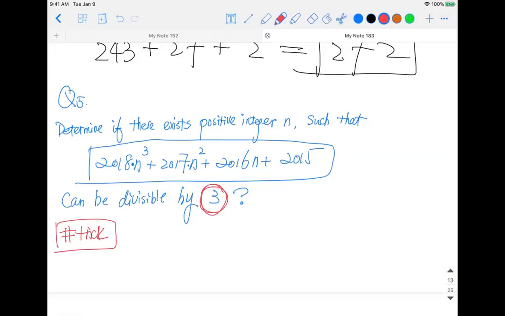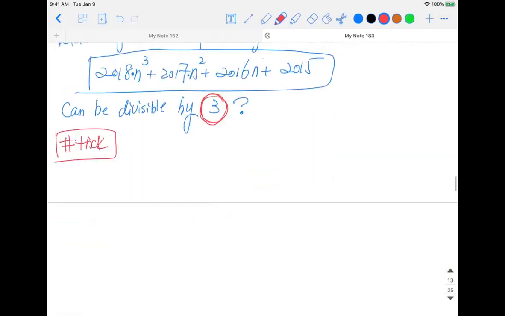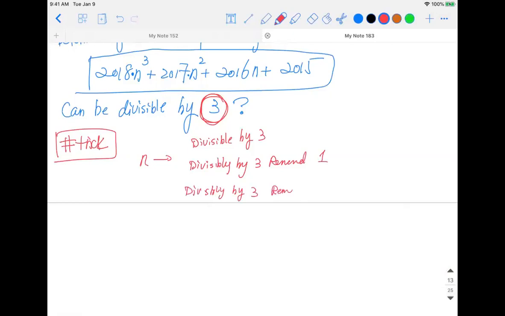99% of the time, your classification must go something like this. N can be divisible by 3. N can be divided by 3, remainder 1. Divisible by 3, remainder 2. Right? You list out all the scenarios for this 3.